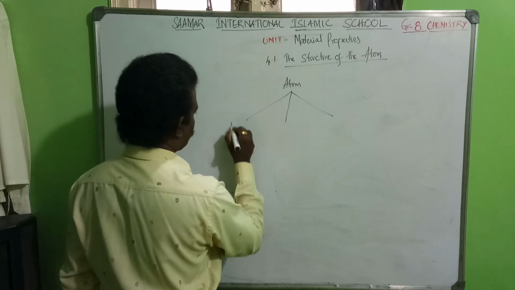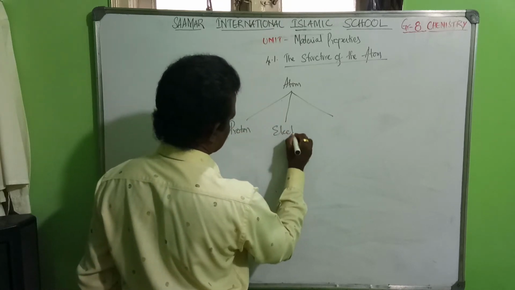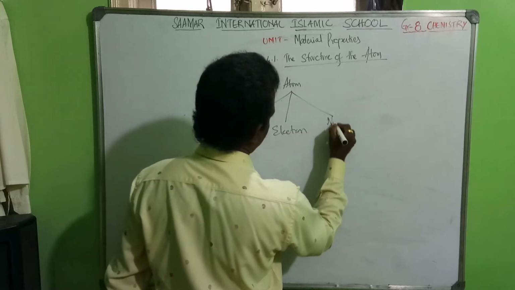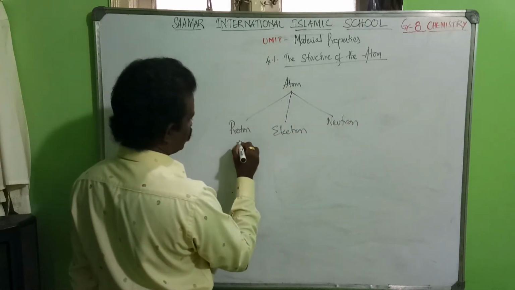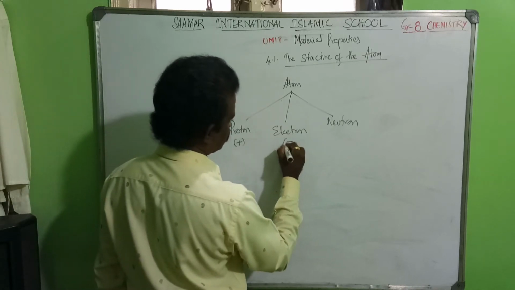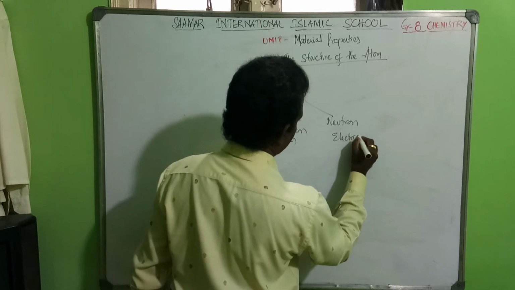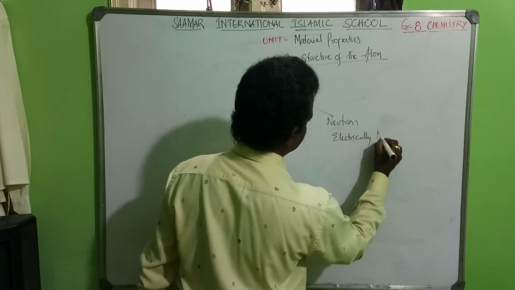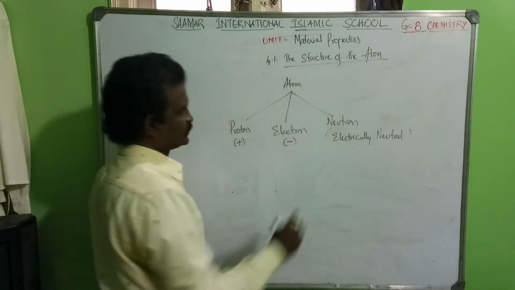They are proton, electron and neutron. Is it clear? Proton has a positive charge, electron has a negative charge, and neutron is electrically neutral. Is it clear?